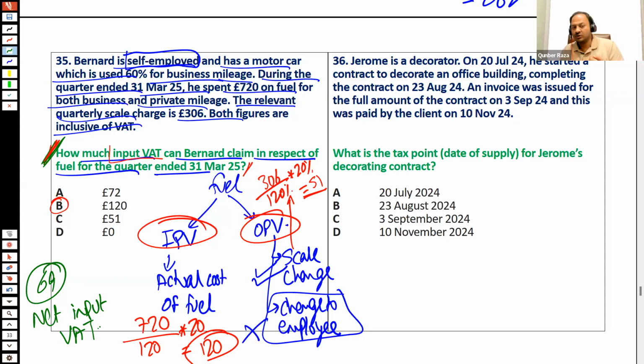So total input or total output. What I'm interpreting from this requirement is that it is total input you are supposed to respond with, not the net input. Okay.